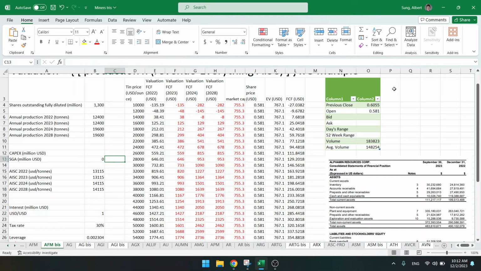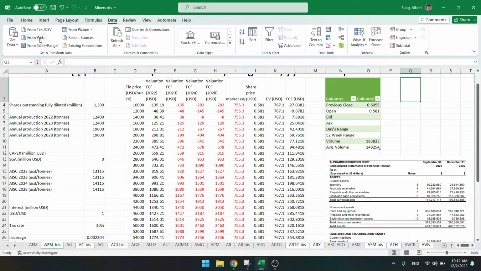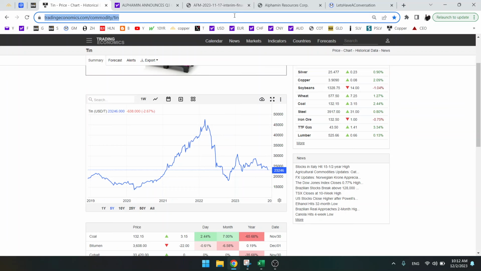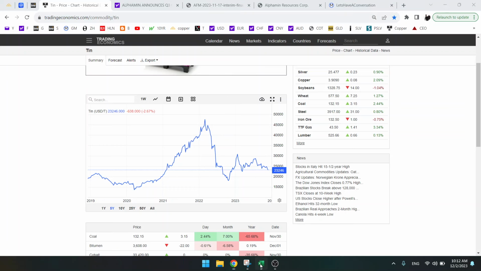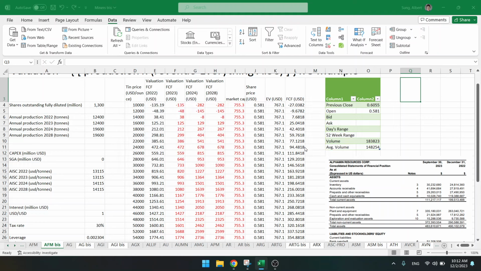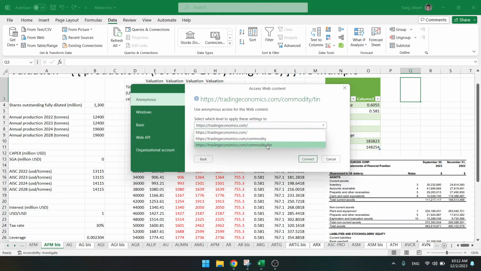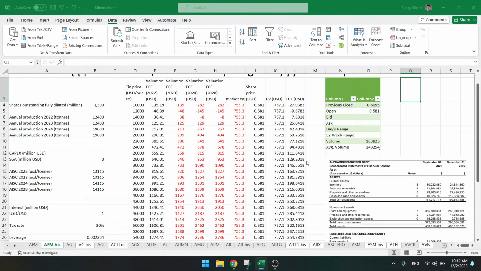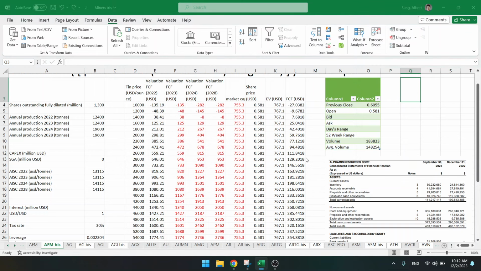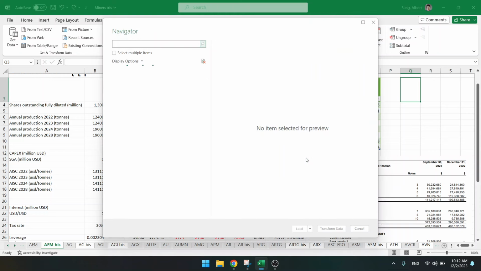So we do need to have the tin price here. So let's take the tin price from the internet. It's really complicated, this one, because the cost changes with the tin price. So we need to make it more complicated.